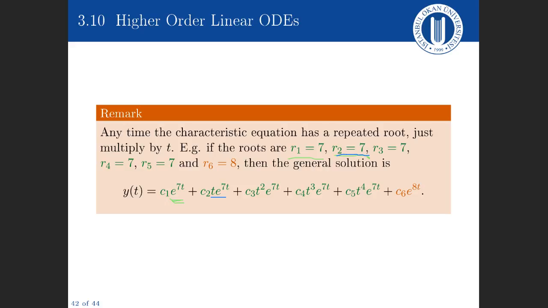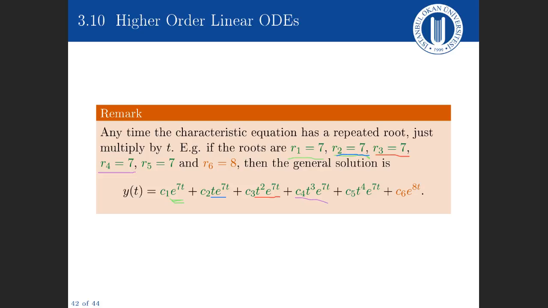We did that earlier in this chapter. If the third root is also 7, same idea, just multiply by t. So now t squared e to the power 7t. If the fourth root is also 7, do the same thing, multiply by t.